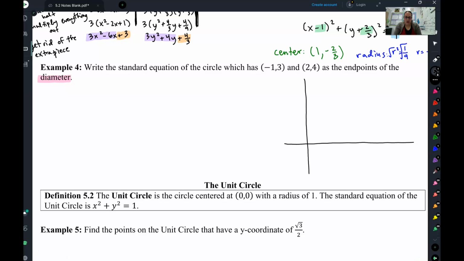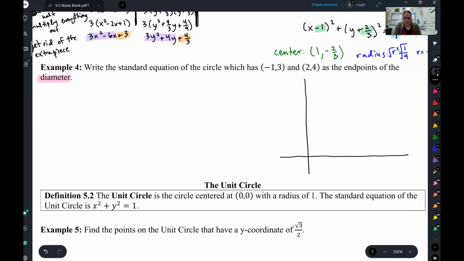So I have a point at (-1, 3), and I have a point at (2, 4).